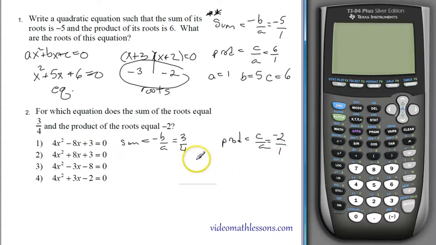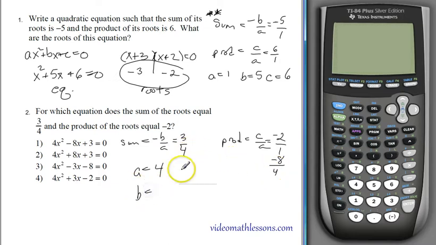The denominators do not match, so I'm going to fix this one. The common denominator would be 4. If I multiply top and bottom by 4, that's going to give me an 8. So now when I look at the problem, a is 4, because both the denominators are now 4s.